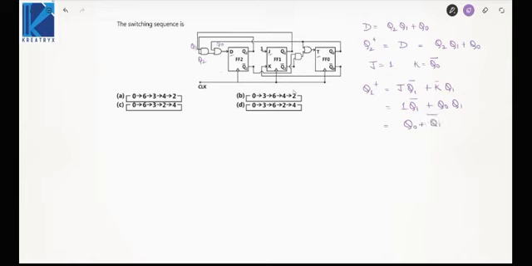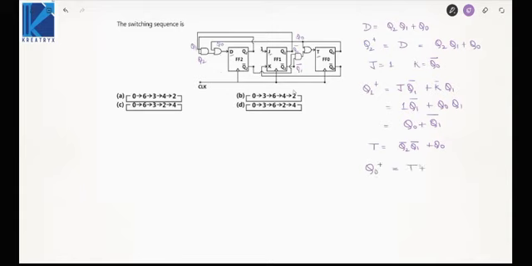What about T? What we have in T? Here we have Q1 bar. Here we have Q2 bar. And here we have Q0. Okay. So T is basically Q2 bar, Q1 bar plus Q0. What is the next state of Q0?